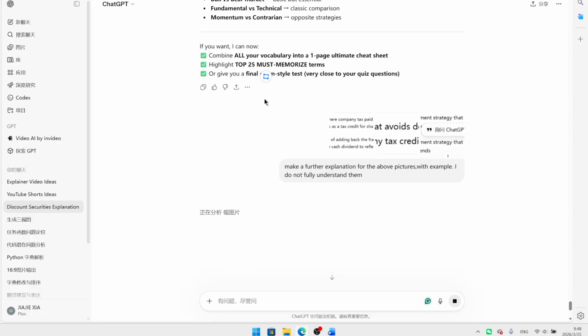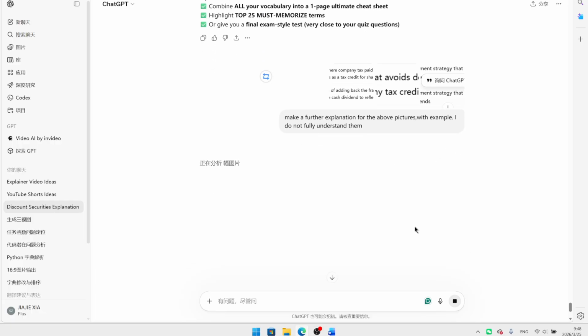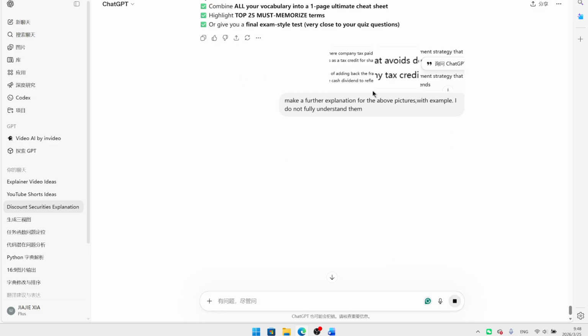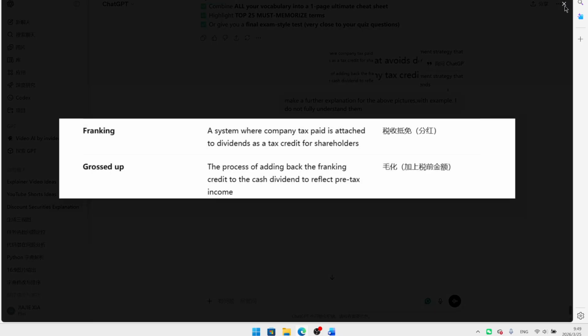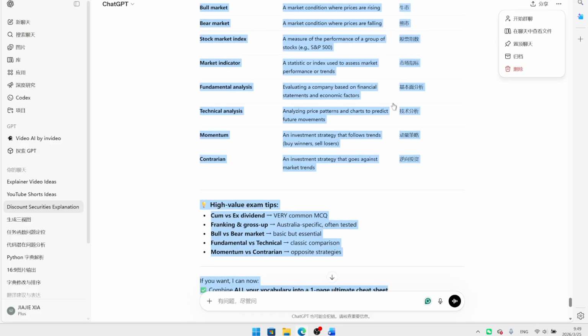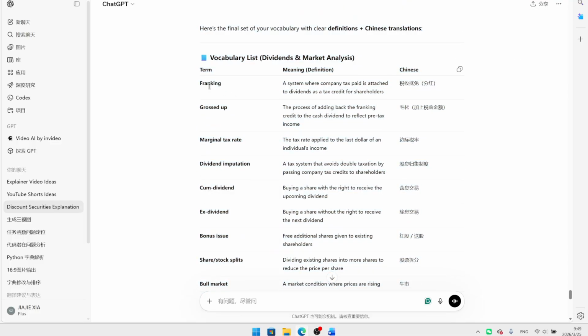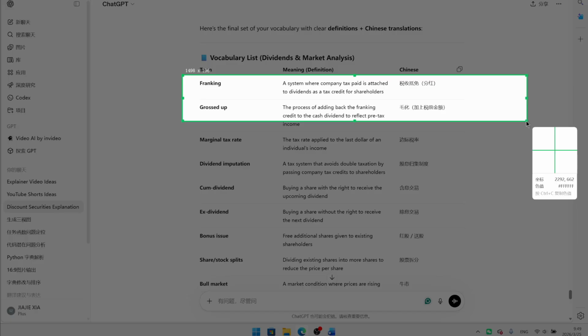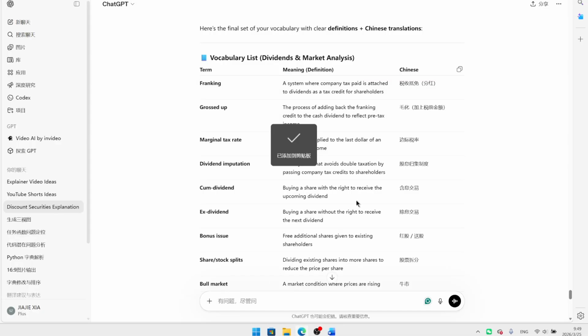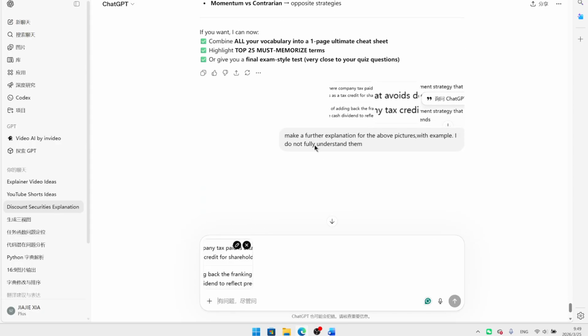So should I post the pictures one by one? Let's go one by one. Make further explanation for both examples. I do not understand them.